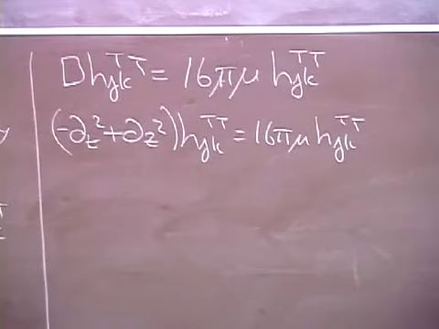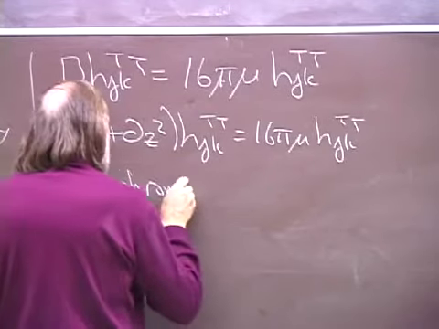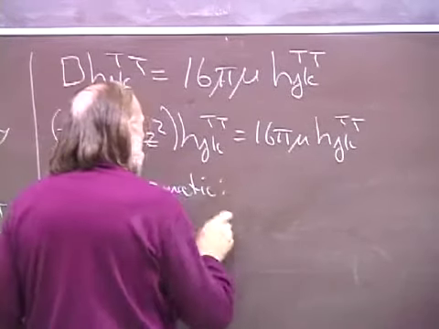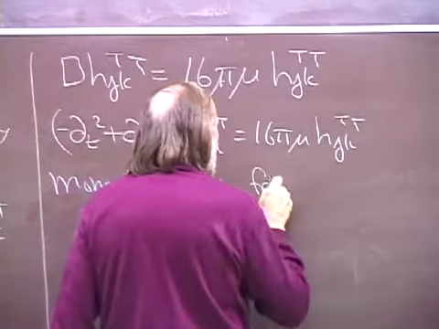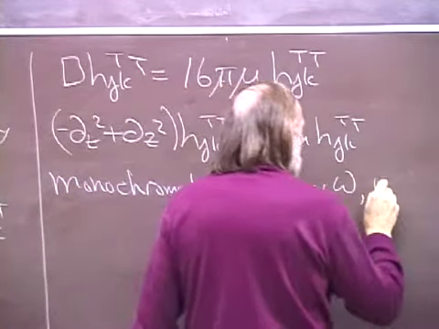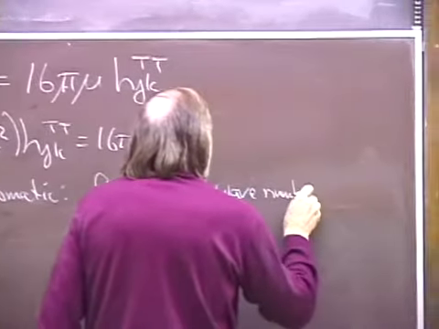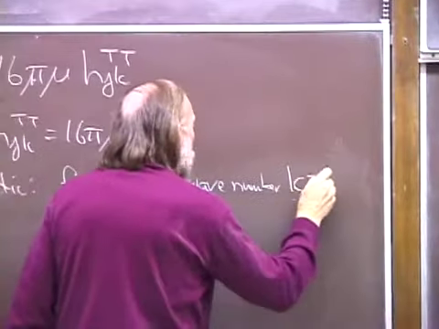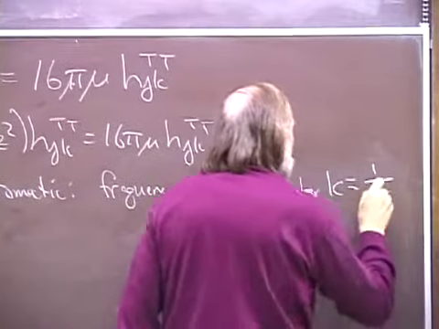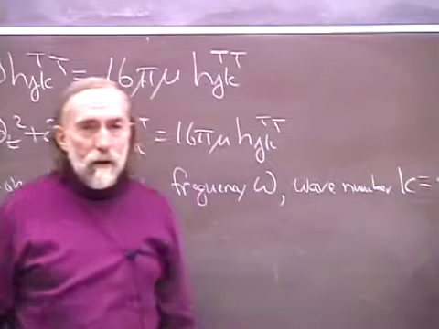Now let's suppose that these waves are monochromatic. They have a frequency omega and a wave number k. K is just 1 over the reduced wavelength; that is, it's 2 pi divided by the wavelength.